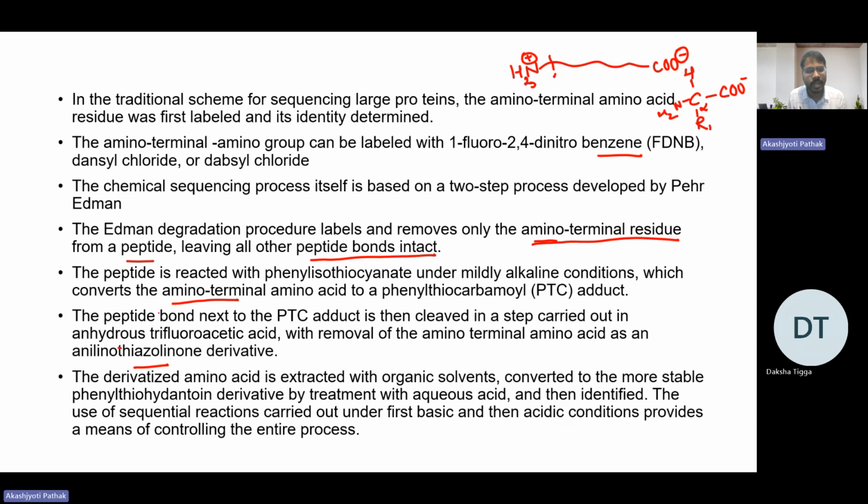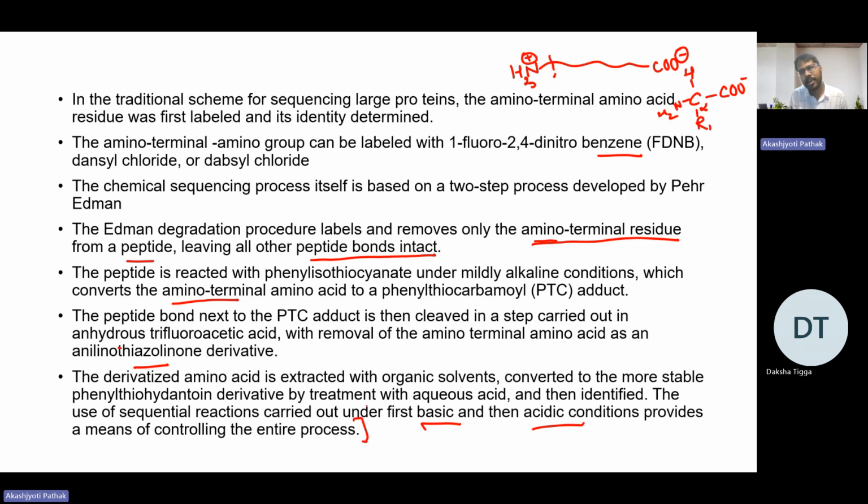Okay. Now the derivatized amino acid is extracted with organic solvents, converted to the more stable phenyl thiohydantoin derivative by treatment with aqueous acid, and then identified. This use of sequential reactions carried out under first basic and then acidic conditions provides a means of controlling the entire process.